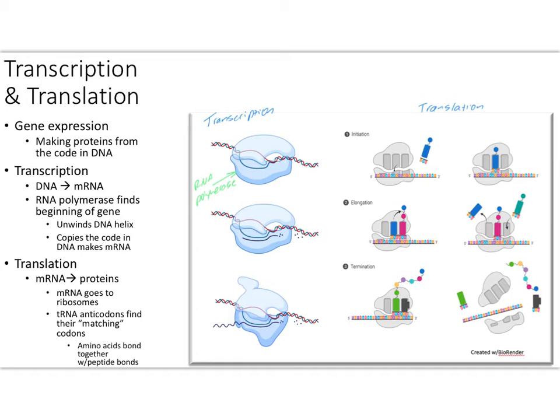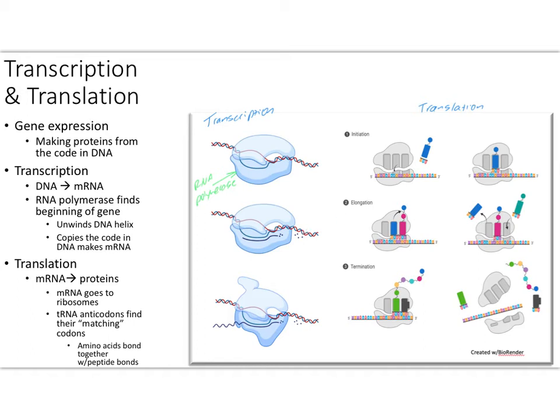Once it finds the beginning of a gene, it causes the backbones of the DNA helix to separate a little bit from each other, so the nucleotides are exposed, those nitrogenous bases, the A's, G's, C's, and T's. And that allows RNA polymerase to copy the code that's in DNA and start creating mRNA.